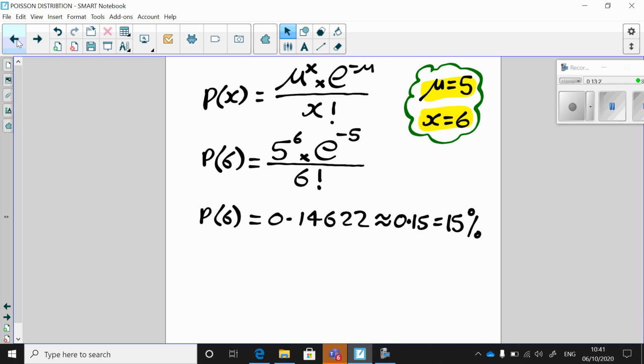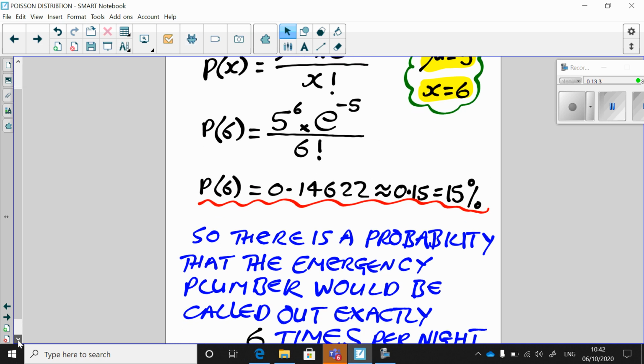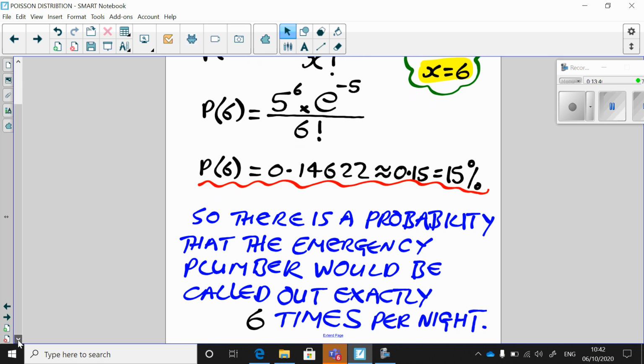So for our emergency plumber on call out, there's a probability that they are actually going to get called out of approximately 15%, 6 times per night. I should have put 15% there. But it is the 0.14622.